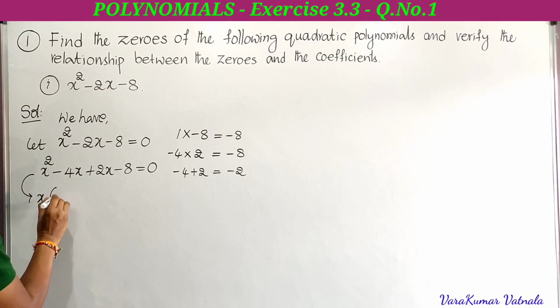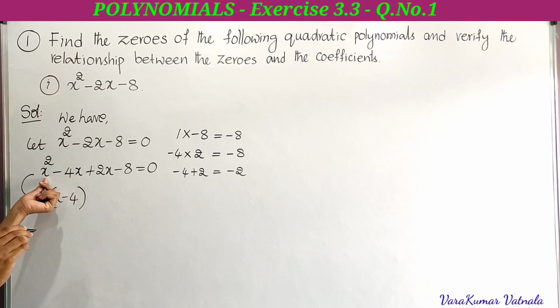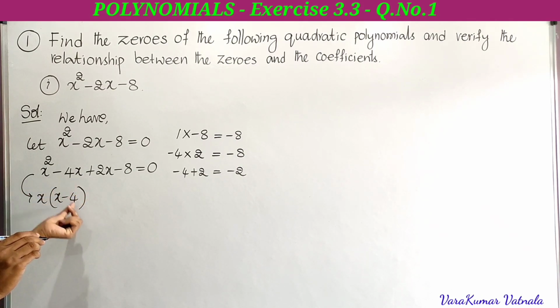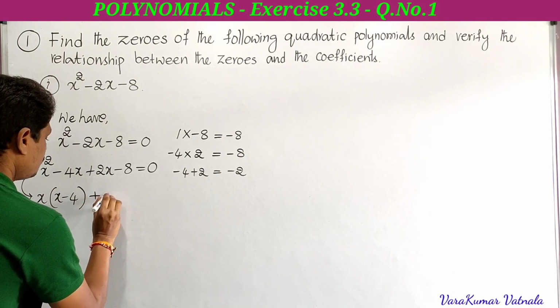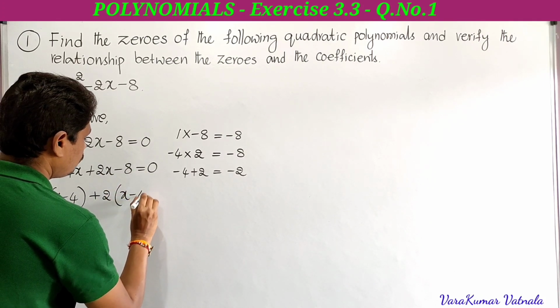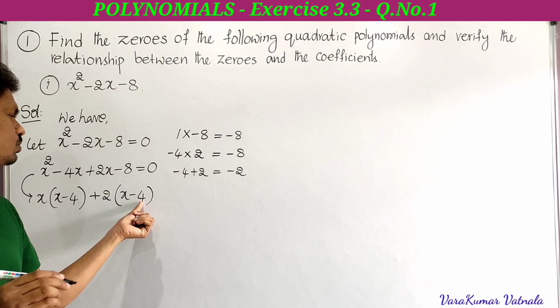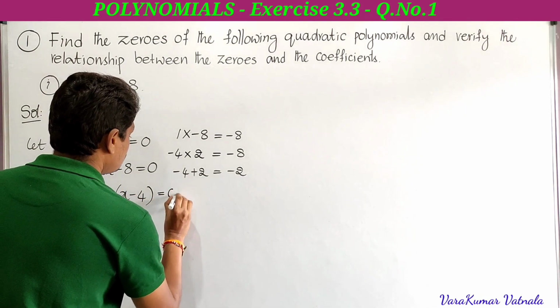We get x into x minus 4. In these two terms plus 2 is common. Plus 2 into x minus 4, since 8 can be written as 2 into 4, is equal to 0.